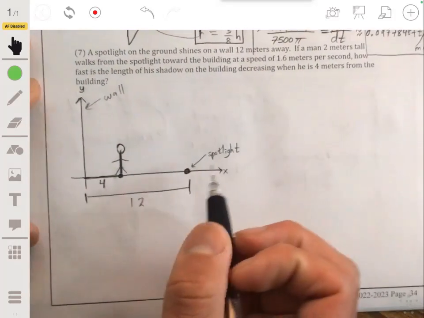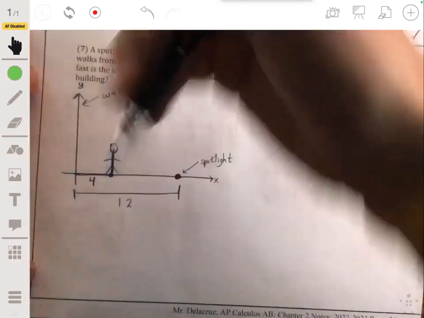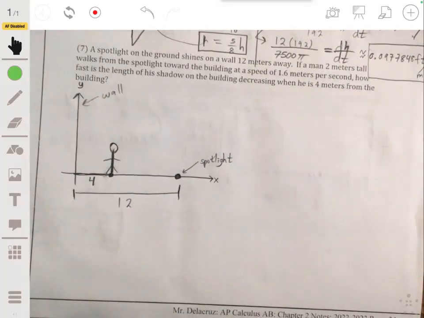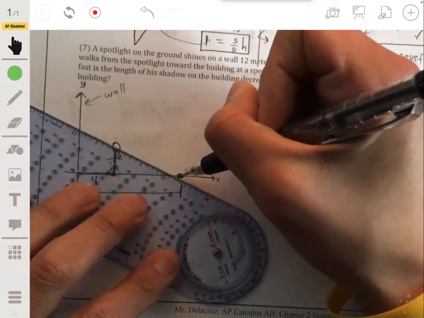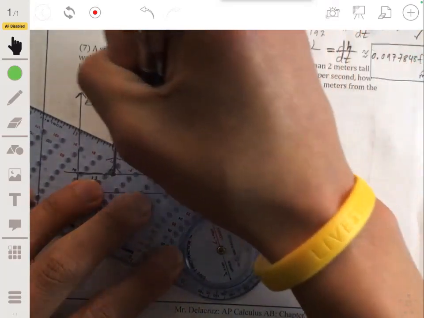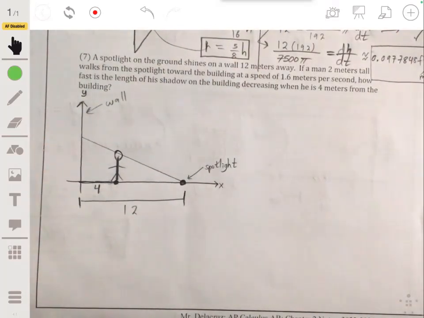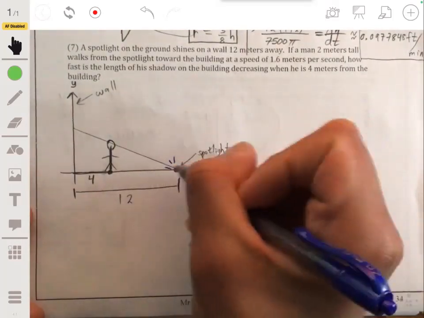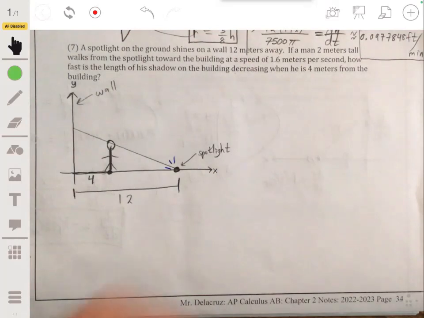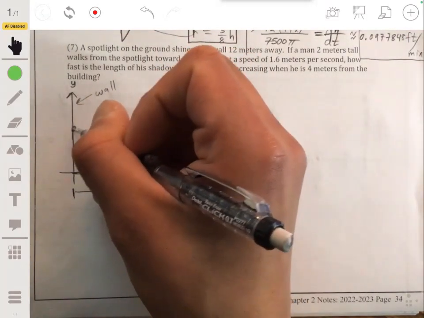So what we can do is draw a triangle to represent this, using a ruler. Remember, this is the spotlight shining this direction. And the man's shadow is going to be essentially this point to this point.